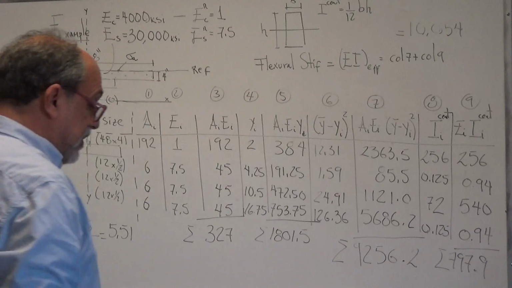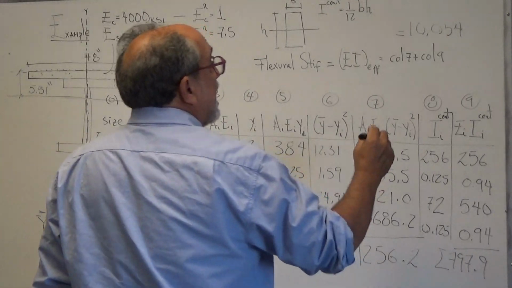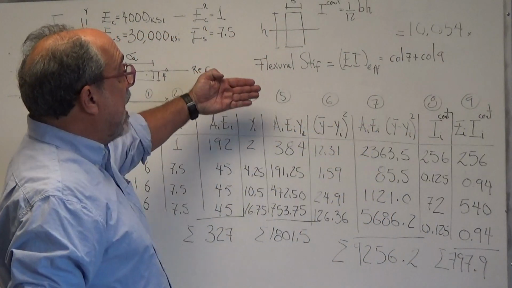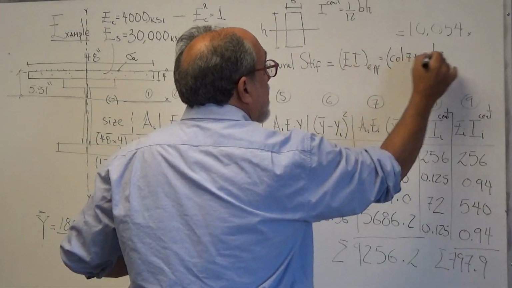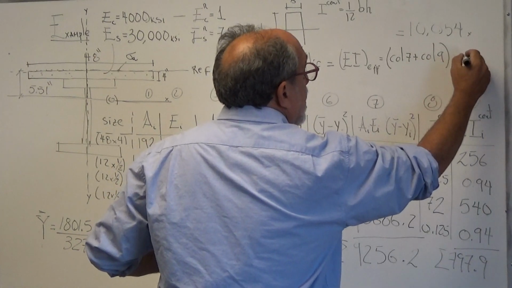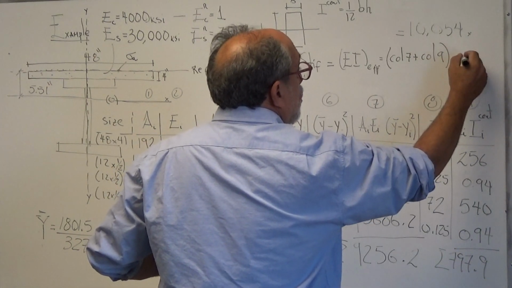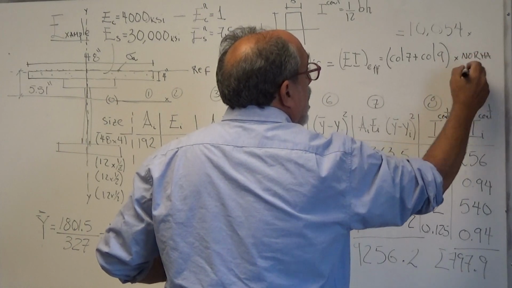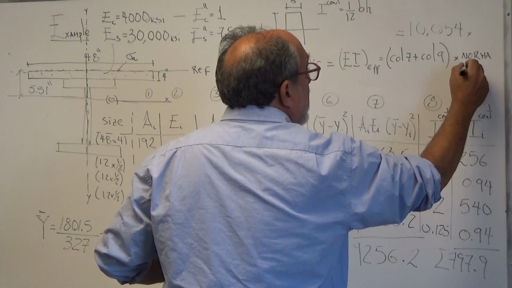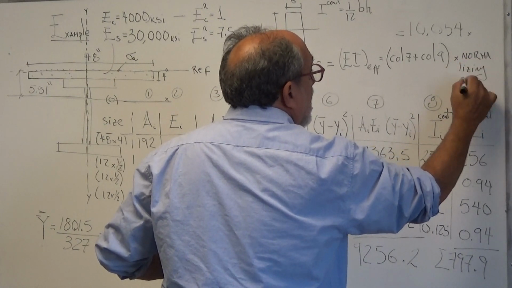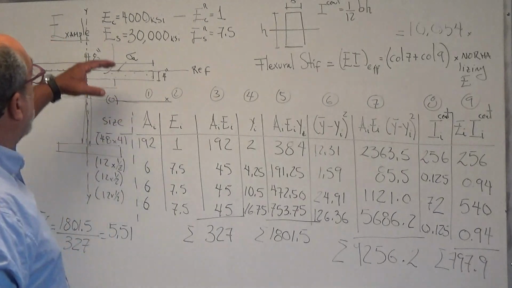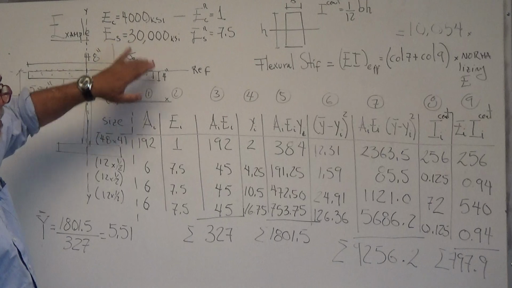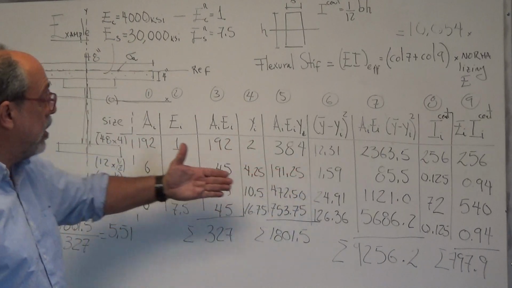Yes, 10,054, but of course times what? All this calculation, column 7 times column 4, times normalizing E. So again, I remind you, when I started, instead of putting the actual E's, I put 1 instead of 4,000 and 7.5 in order to keep this number smaller.